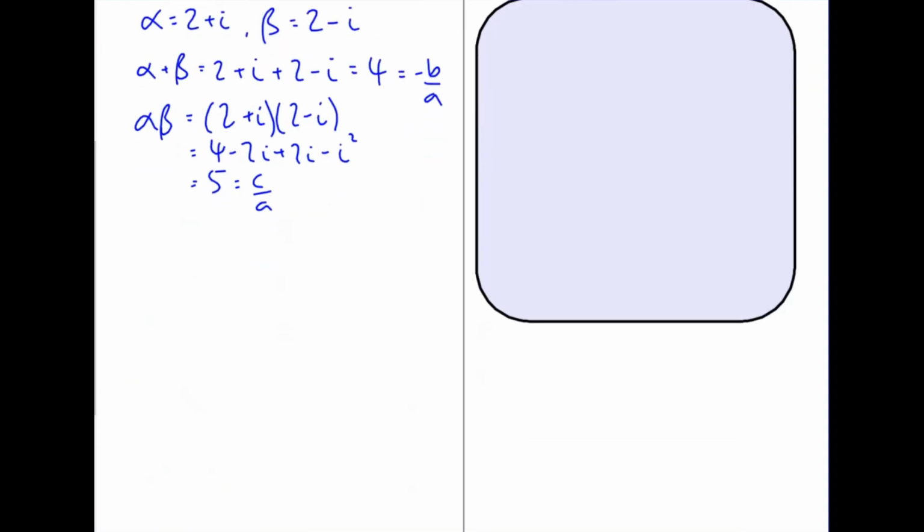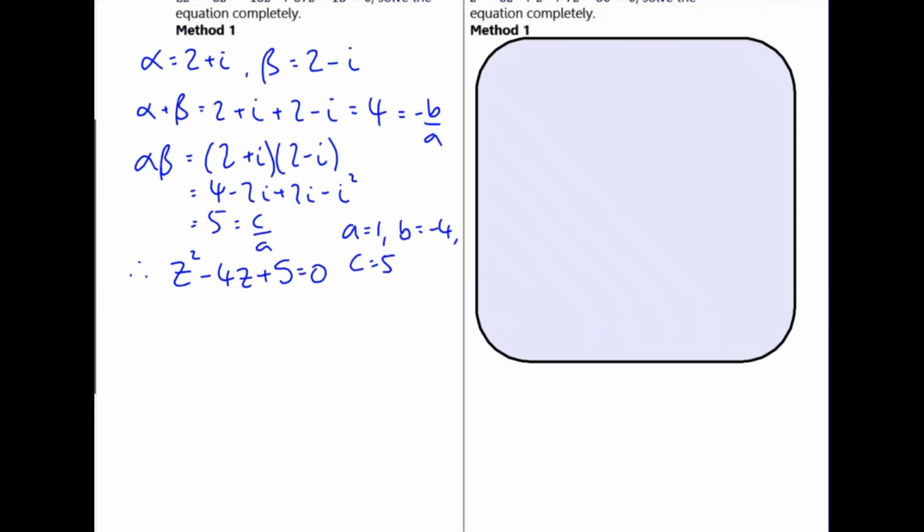If I choose a to be 1, I get a quadratic equation. So a equals 1, b equals minus 4, and c equals 5. So z squared minus 4z plus 5. Okay, that's a quadratic equation with the roots alpha and beta.